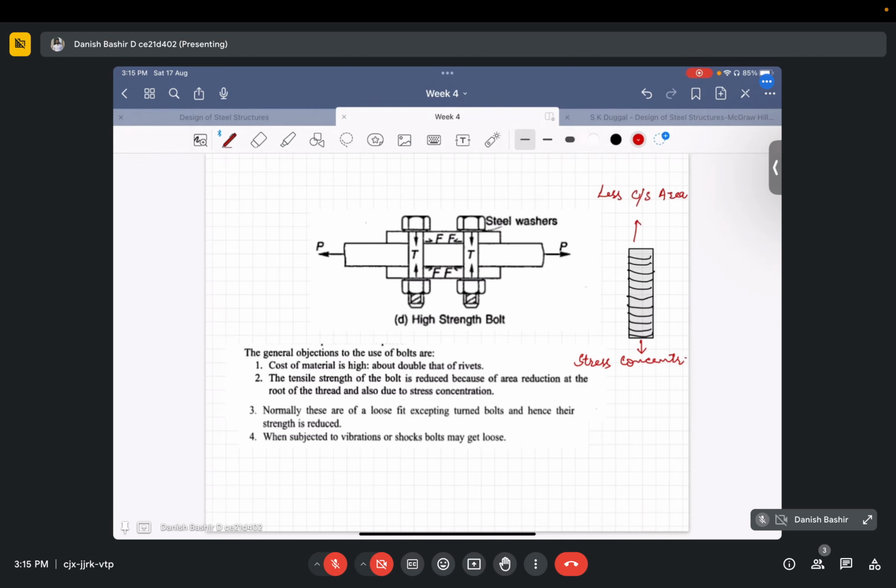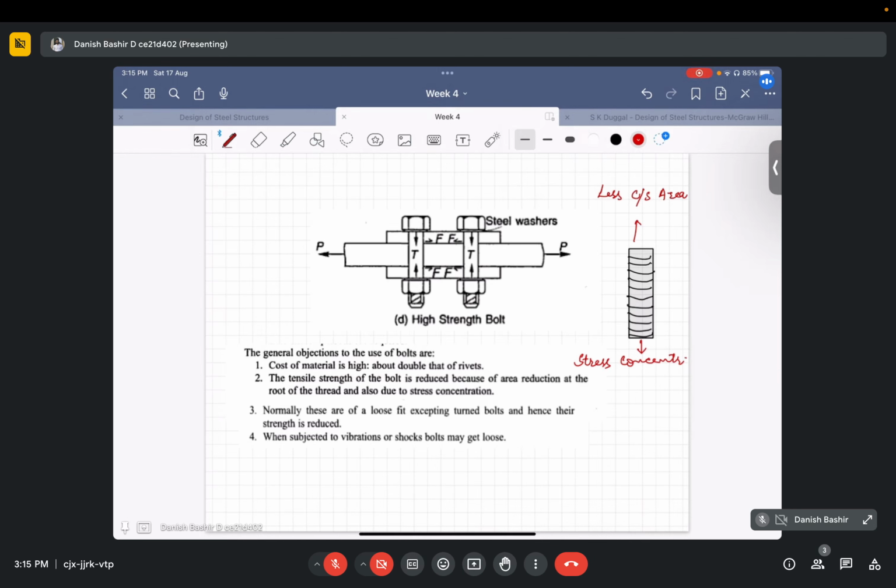But in bolted connections, if there are any undesirable vibrations in the members being connected by the bolts, then these nuts get loose, which ultimately leads to a loose fit, and strength gets compromised.